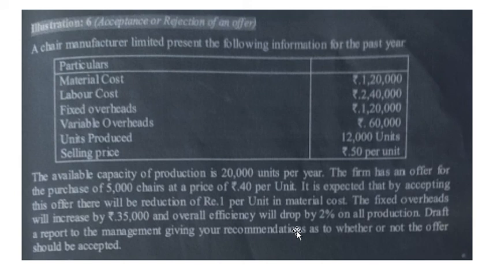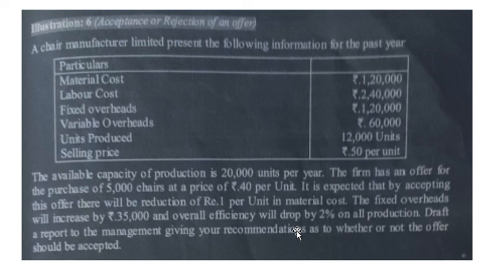So where will this calculation be shown? What they are stating here is that the overall efficiency, in the sense the profitability of the firm, will reduce by 2%. So when will the profitability of the firm reduce? When the cost price increases. It is clearly stated overall efficiency will drop by 2% on all productions. Material already has an adjustment, so the other production sector where expenses are incurred is labor.